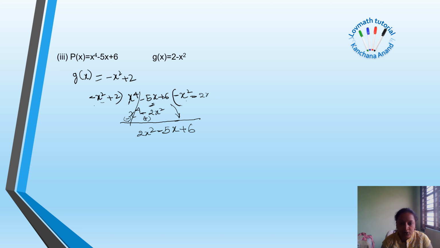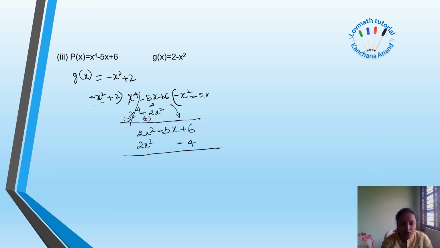Sorry, minus 2. So minus 2 into x square is plus 2x square. That is minus 2 into minus x square is plus 2x square and minus 2 into plus 2 is minus 4. Let us subtract this.